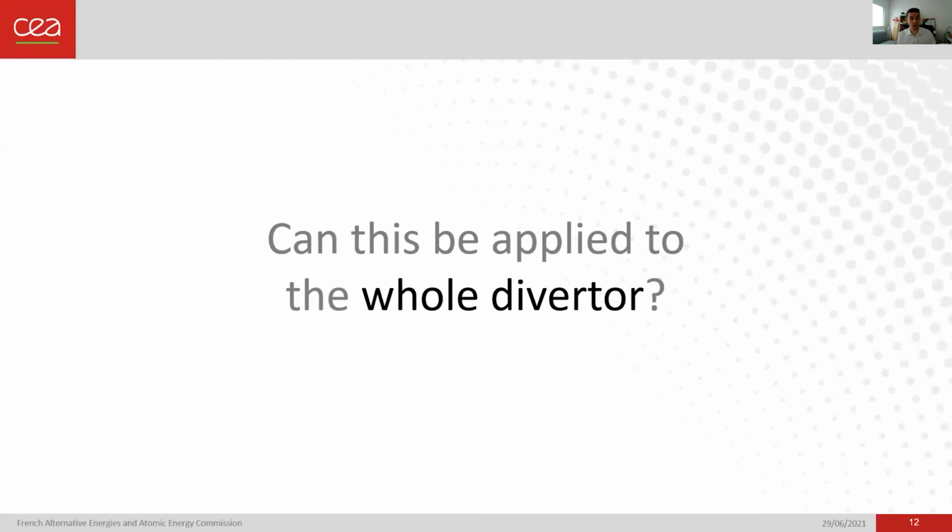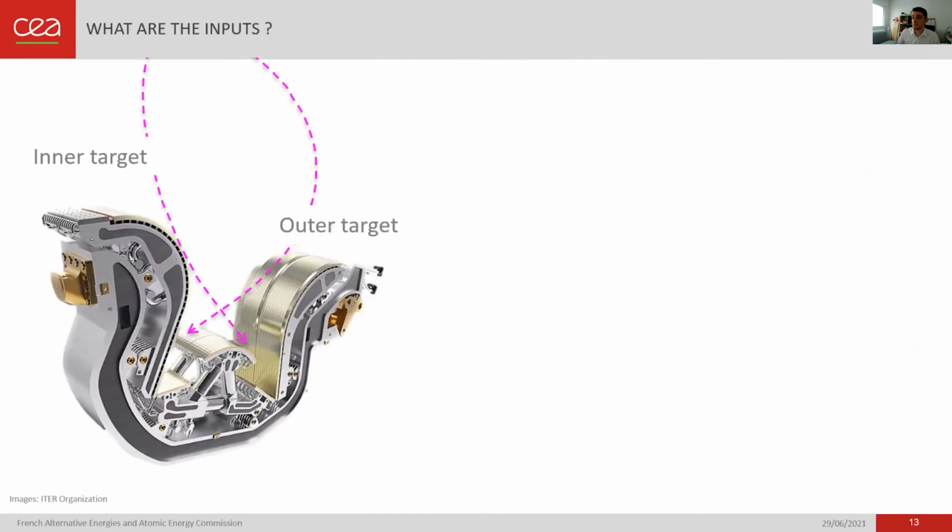Right, the question is, how can we apply this to the whole divertor? Can it be done? The answer is yes, and I'm going to show you how. So if we go back to our divertor in ITER, it's made of two targets, the inner and outer targets. And what inputs we have are distributions along these targets.